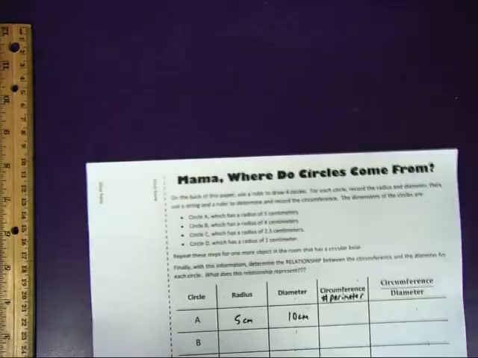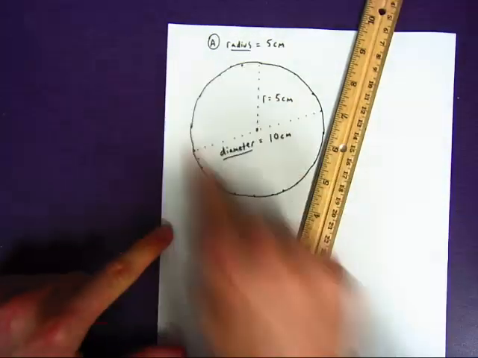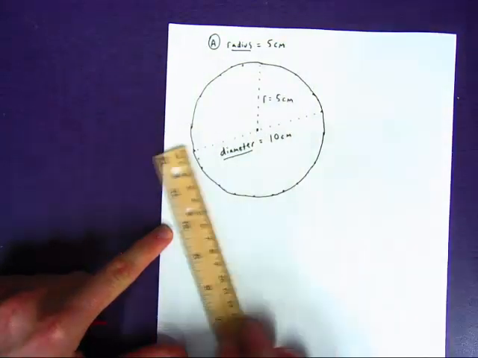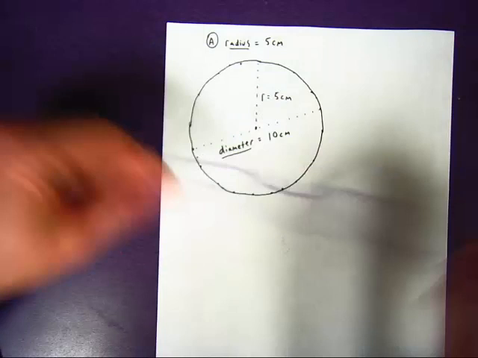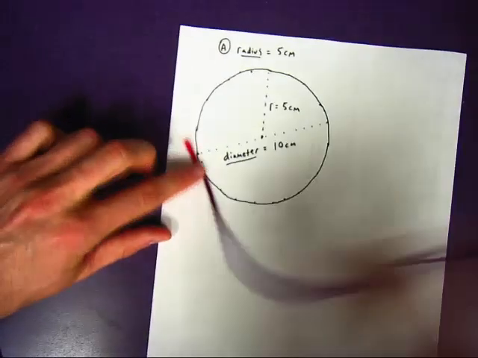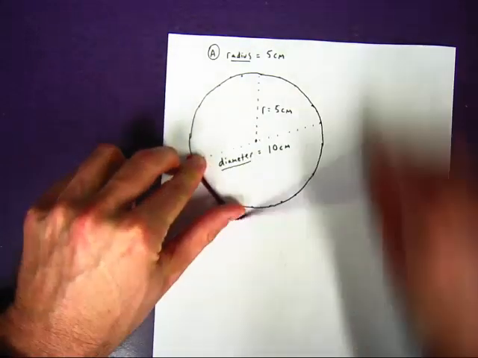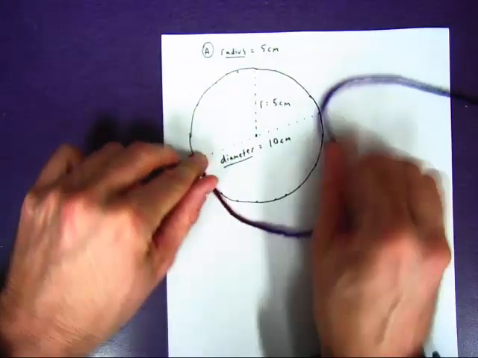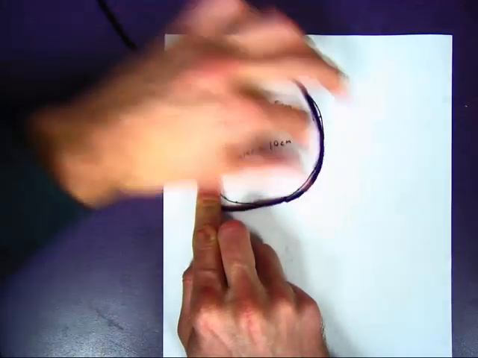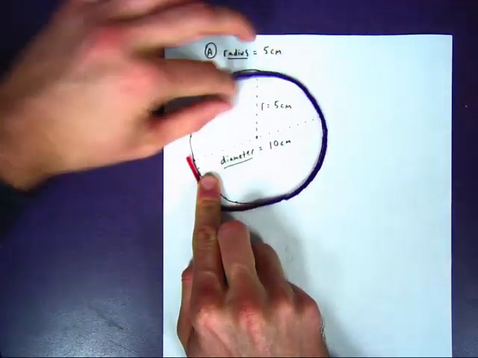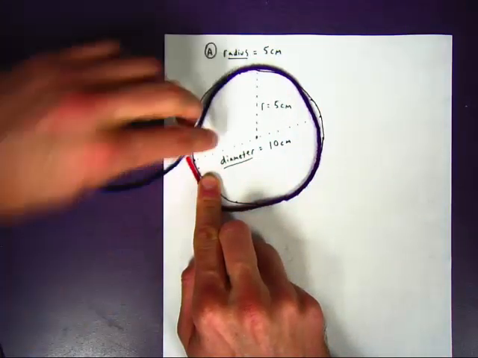Because I can't measure that edge with a straight edge, the easiest way to do it is to get a string. It can be a shoelace, and essentially you start on the edge and try to go around as best you can. This is just a piece of yarn that I got from a friend, and you try to match it up as close to the edge of the circle as possible.